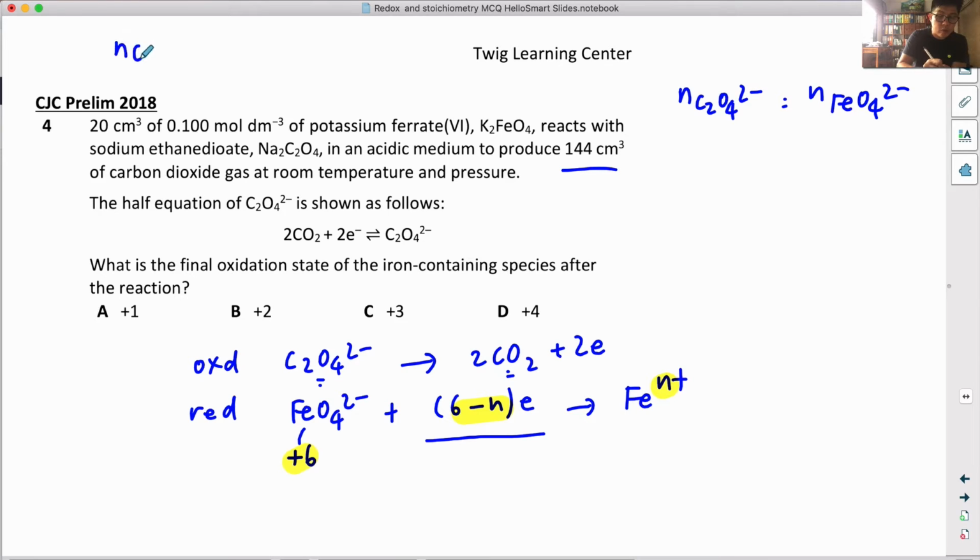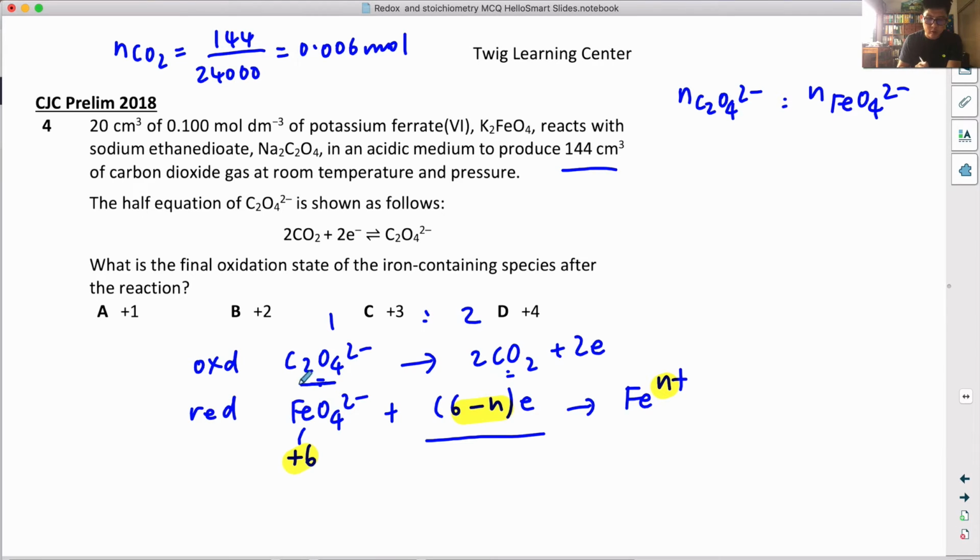The number of moles of CO2 produced equals the volume divided by 24,000. In this case, it's 0.006 moles. Since CO2 and C2O4 2 minus are in a ratio of 1:2, you can see 1:2.